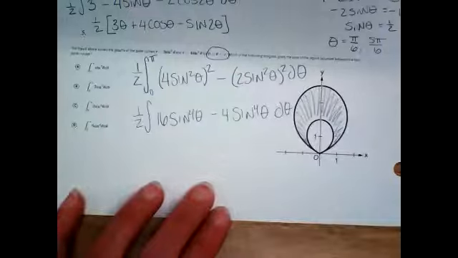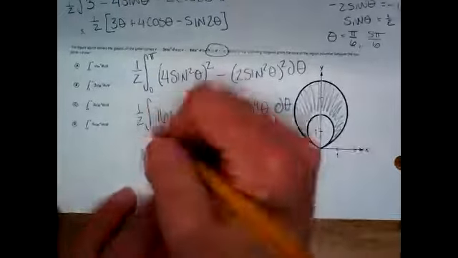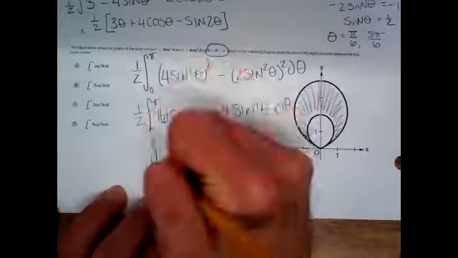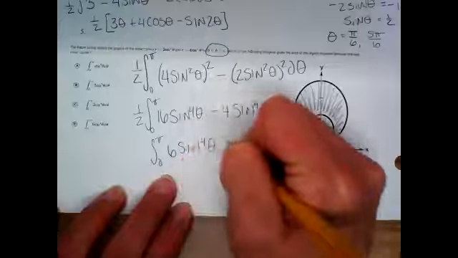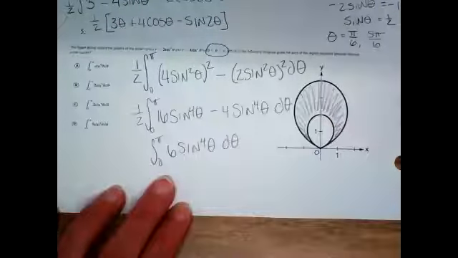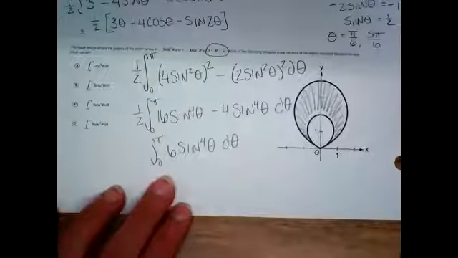Subtract those. So 16 minus 4 would be 12, and then half of 12 is 6. So 0 to pi, 6 sine to the 4th theta d theta. So even if at first it doesn't look like it follows the pattern, it just means it needs to be simplified down. So which choice is that? I think it's the last one. Yeah, D as in dingo.